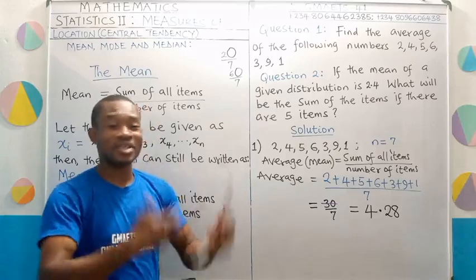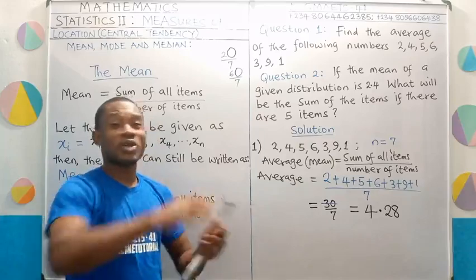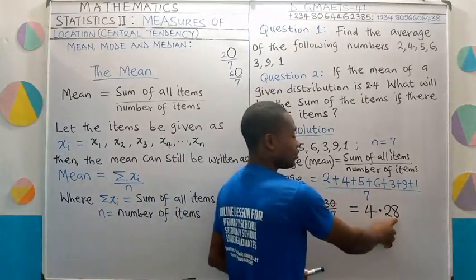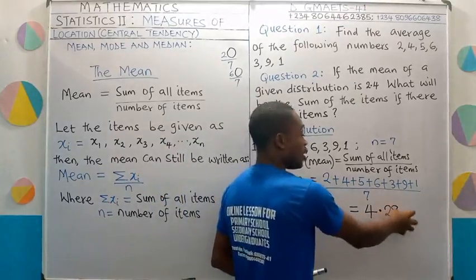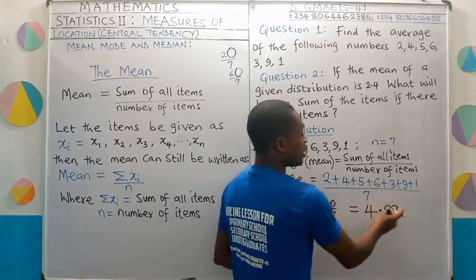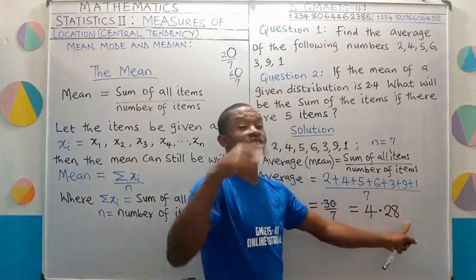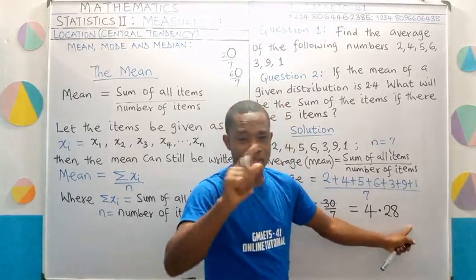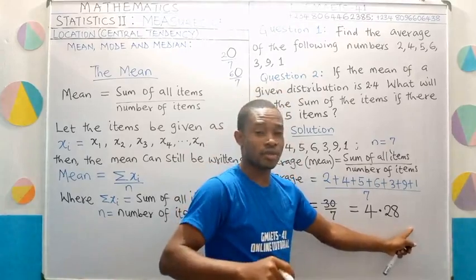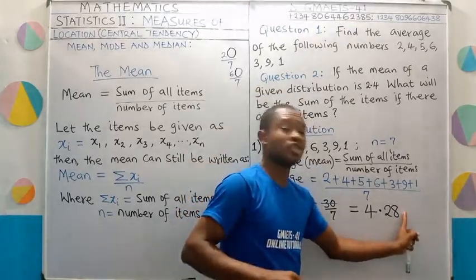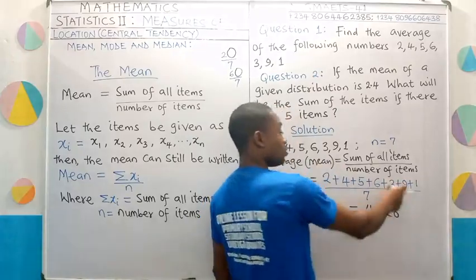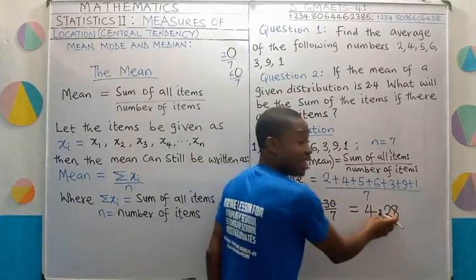So you can continue this up to anywhere you want to stop. But I want us to just stop at 2 decimal places, and this 2 decimal is 2 8. If you like, you can make it 2 9, because the third time we did this, we got 40 over 7, and 40 divided by 7 is 5 whole times, which means the third decimal digit is supposed to be 5. That 5 can be rounded up to this 8.